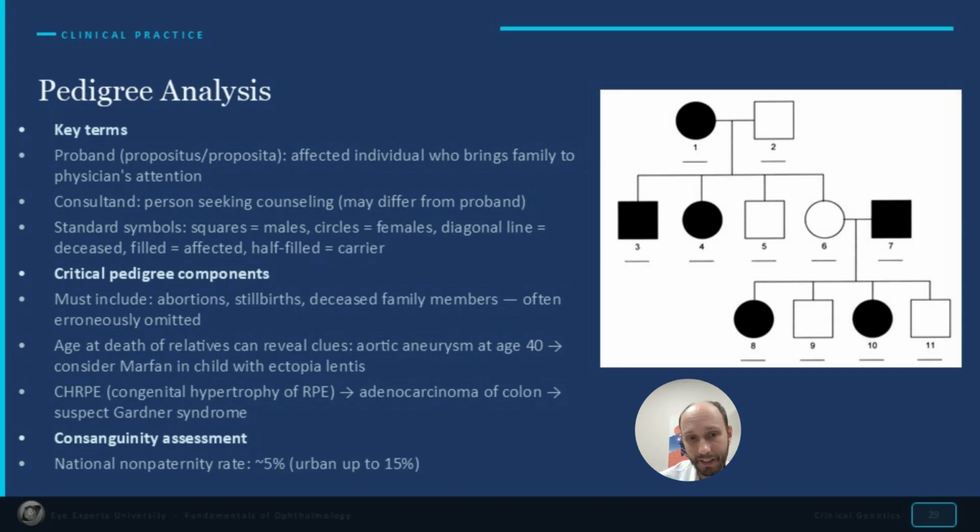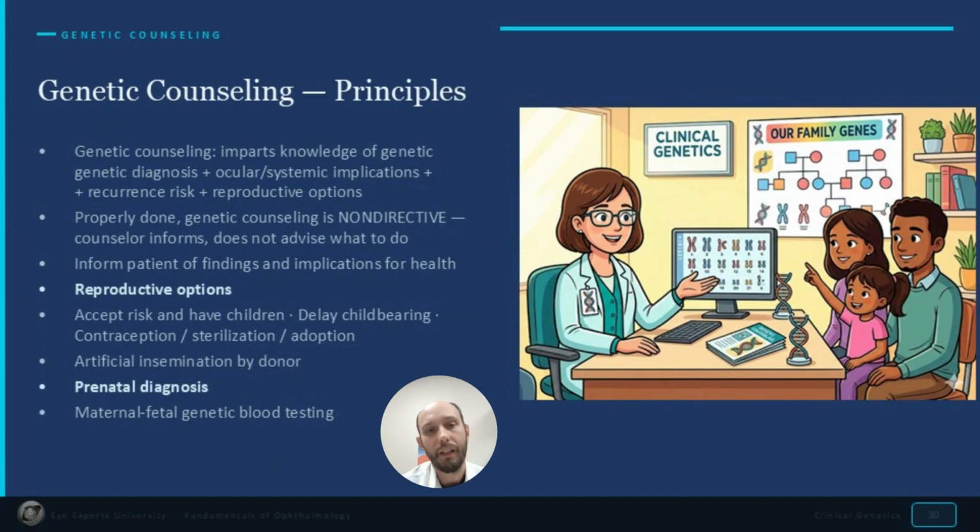And the other thing to keep in mind is that the national non-paternity rate is 5% in the US, 15% in an urban center. So just because someone thinks their dad is their dad does not necessarily mean that.